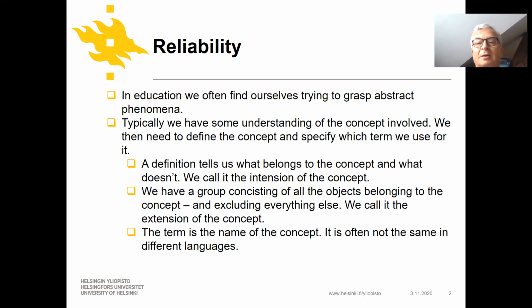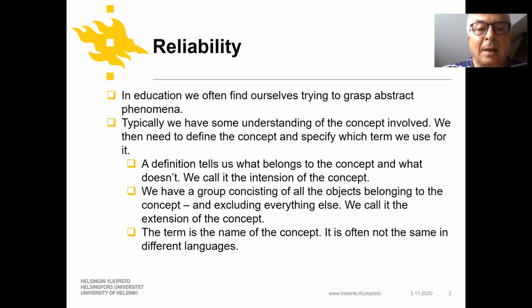So instead of direct observation of my hand here, I would have a concept of what I'm going to measure, and then without seeing the hand, I would ask questions, items that would give me a picture of, okay, what kind of hand is this?